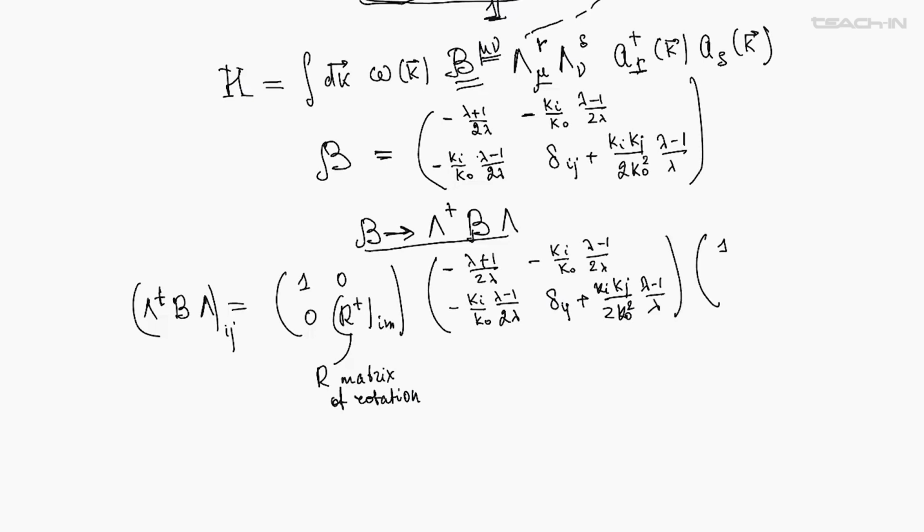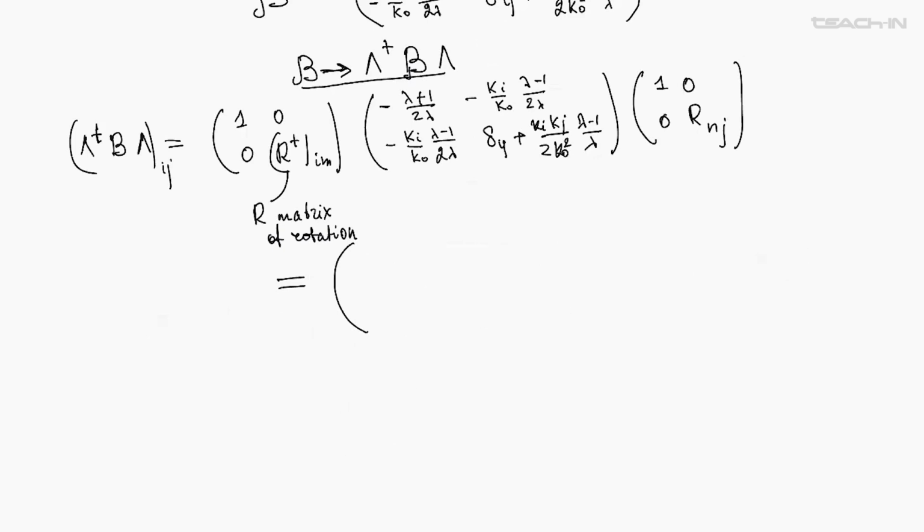If you multiply these three matrices, it's just a straightforward multiplication, you will get the following expression. You will get minus lambda plus 1 divided by 2 lambda here. Here there will be minus 1 over k_0 times (lambda minus 1) over 2 lambda, vector k multiplied by the matrix. So k here is from the left, so it's a row vector multiplied by a matrix with an index i.